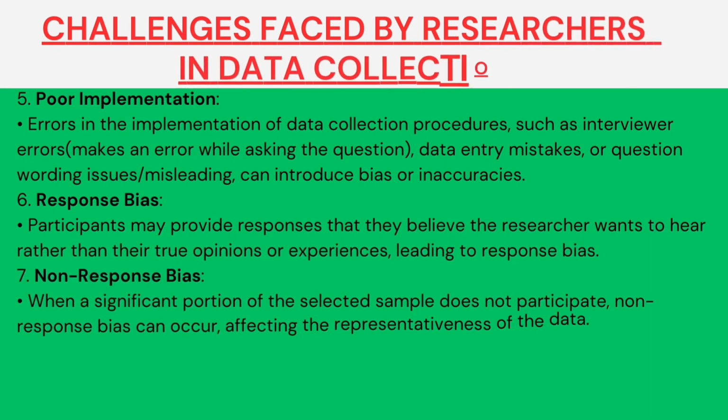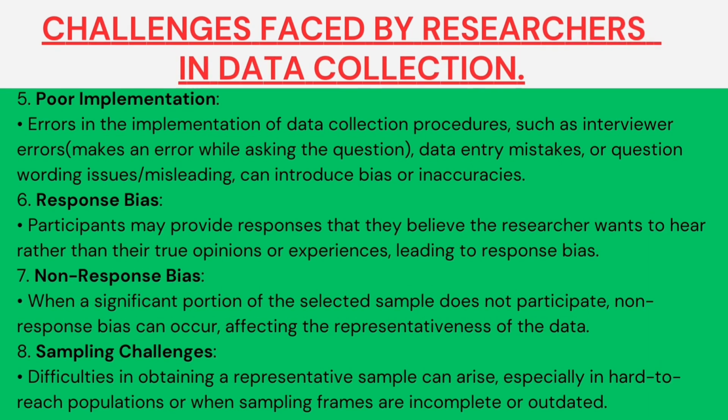Poor implementation. Errors in the implementation of data collection procedures, such as interview errors, for example making an error while asking a question, data entry mistakes, or question wording issues, or the questions are misleading, can introduce bias or inaccuracies. Response bias.